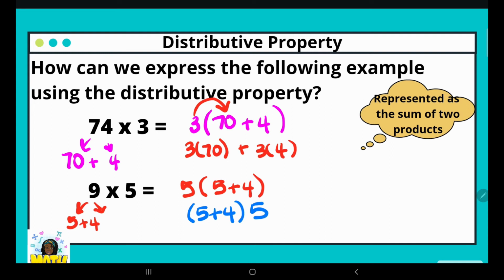Either way is acceptable and will get you the same answer as long as you distribute correctly. But we like to write it where our number on the outside is first, and then the sum is inside the parentheses. Okay? So to represent 74 times 3, using distributive property, we would need to break up the 74 and then use multiplication to represent the numbers. And the same for the 9 times 5.